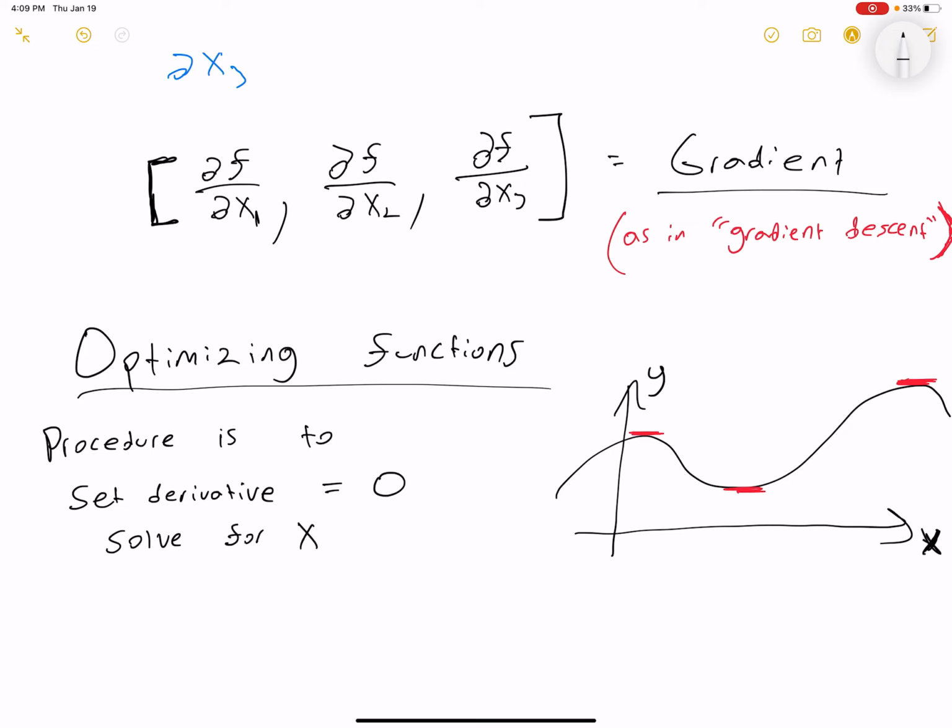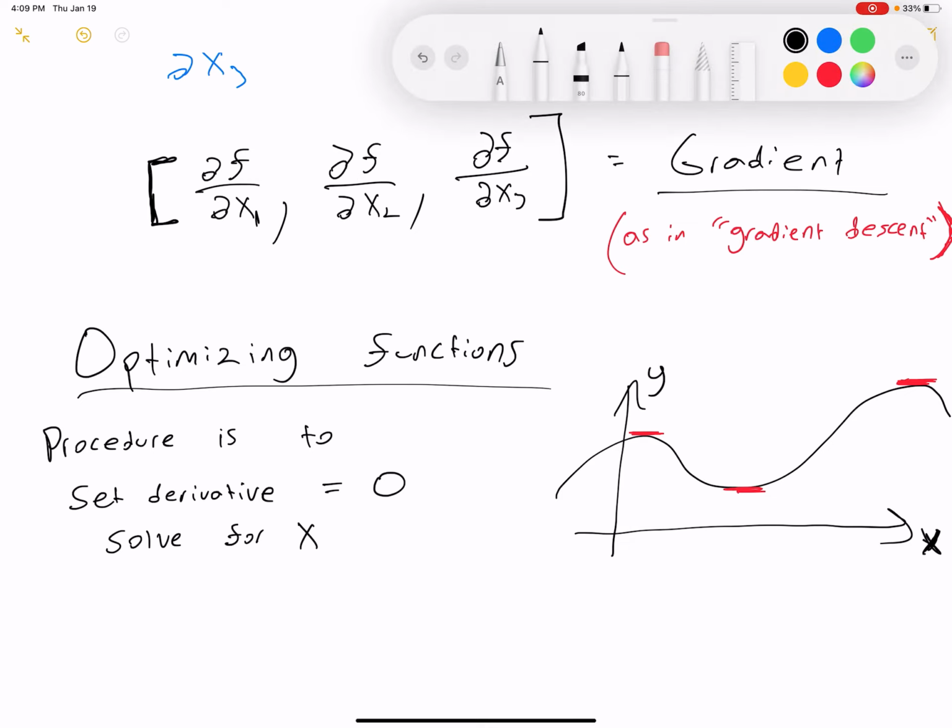And that will tell you which x gives you a local minimum or maximum. Using this method, you don't know whether it's a minimum or maximum, but you can compare them and see. We will deal with functions that only have local minimum, so we don't have to deal with that problem. But we'll get there. That's not for today.